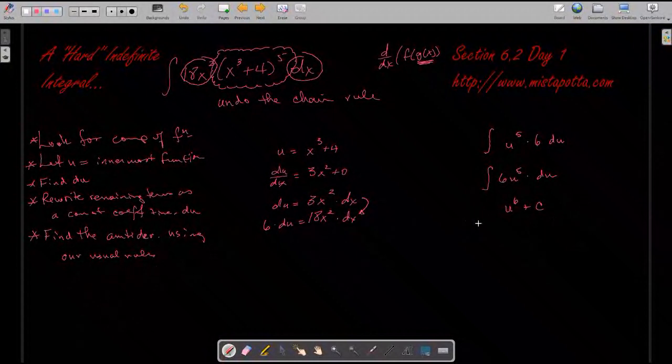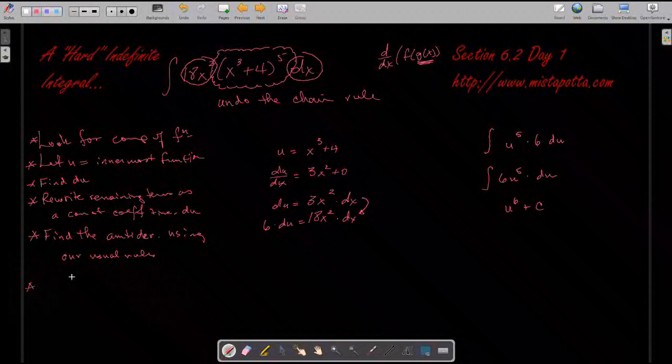And so this is going to be what that indefinite integral is equal to. The issue is that my function was not a function of u. My function is actually a function of x.